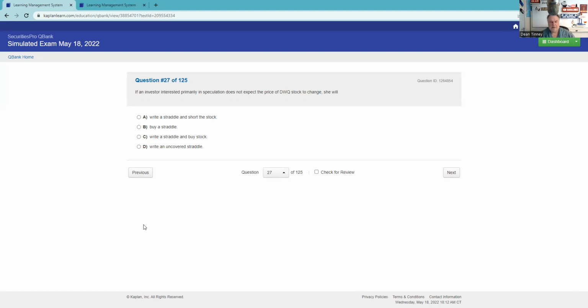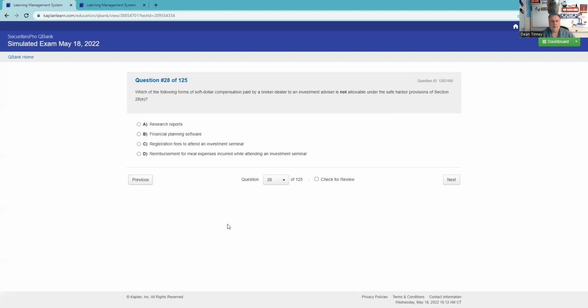One question is, can you identify a straddle? Can you calculate the break evens? Can you determine where it's profitable? And this one is, when do you use it? It says write a straddle, short the stock, and buy a straddle. No, buying a straddle means you want it to move. You think it's going to go way up or way down. Write a straddle and buy the stock. No, it looks like what we're doing is just going to short a straddle there.